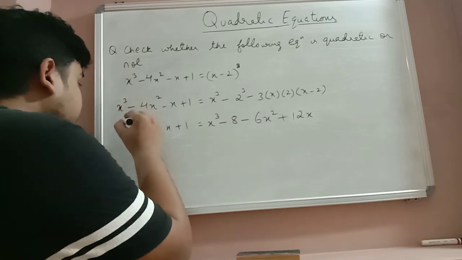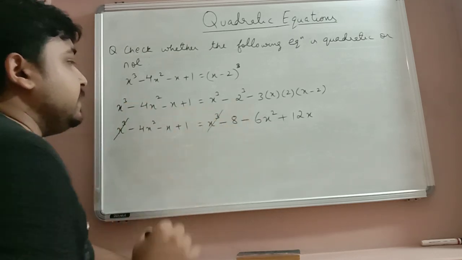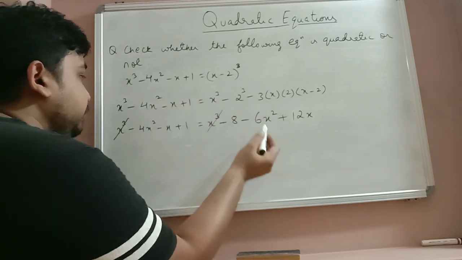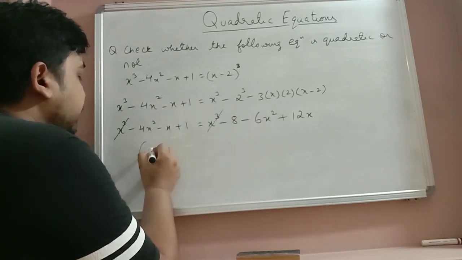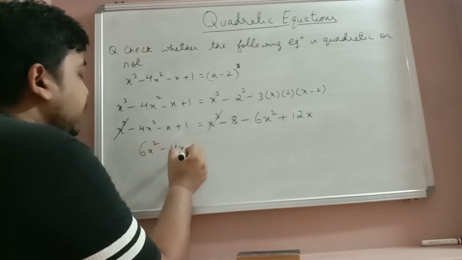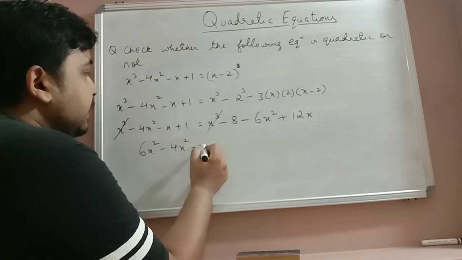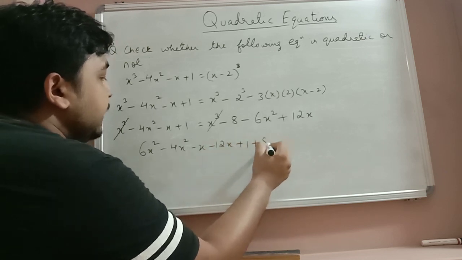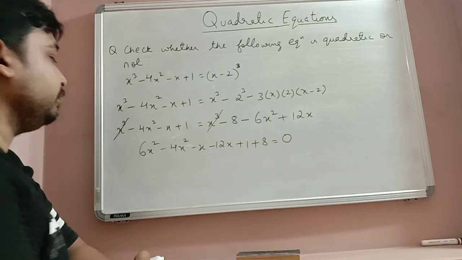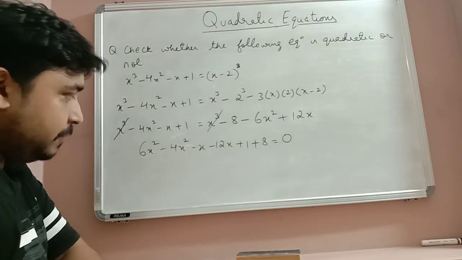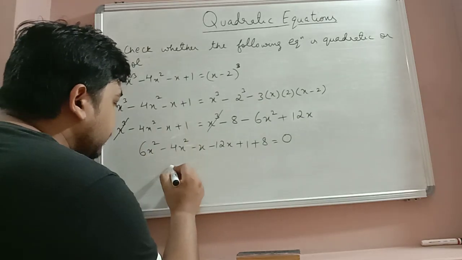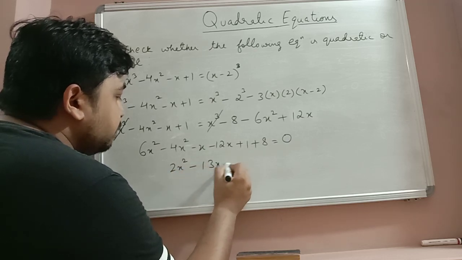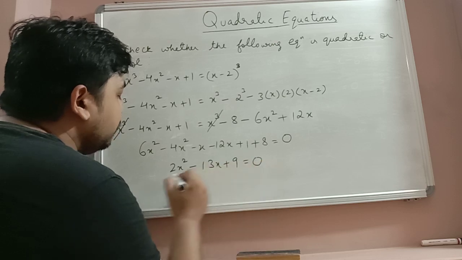Now again x cube and x cube get cancelled from both the sides. We are left with 6x square, I will bring it here: 6x square minus 4x square minus x minus 12x plus 1 plus 8 equals to 0. Now on further solving, 6x square minus 4x square is 2x square minus 13x plus 9 equals to 0.